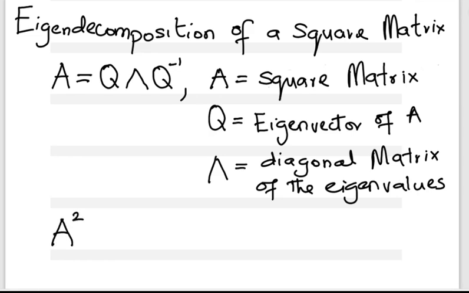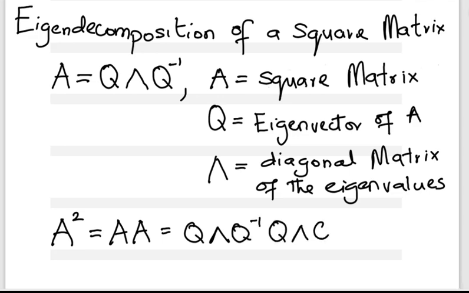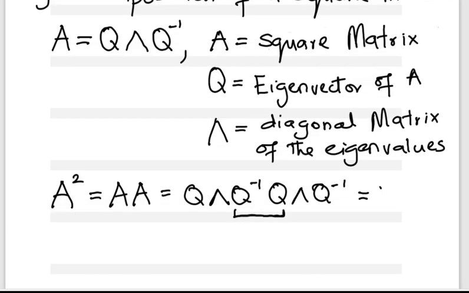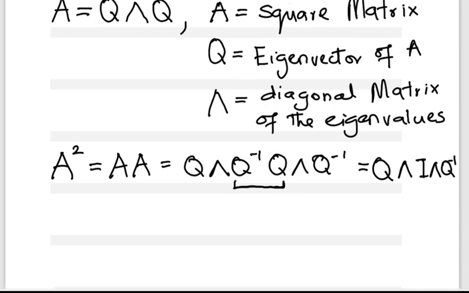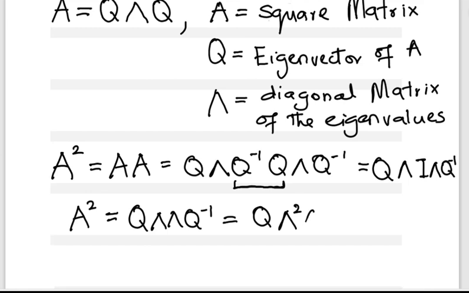We have A squared, which is matrix A times matrix A. If we decompose each of these, we have Q lambda Q inverse times Q lambda Q inverse. This simply gives us Q lambda squared Q inverse.